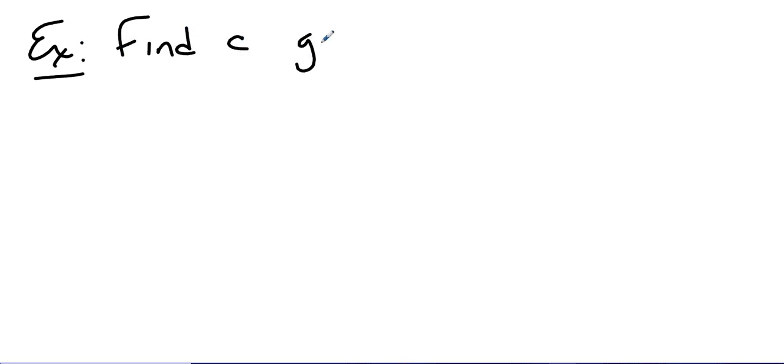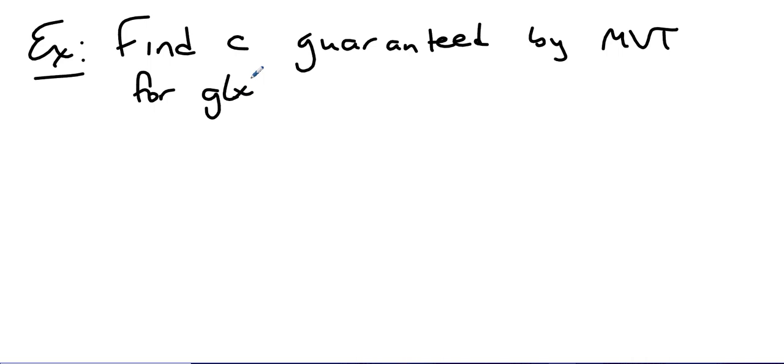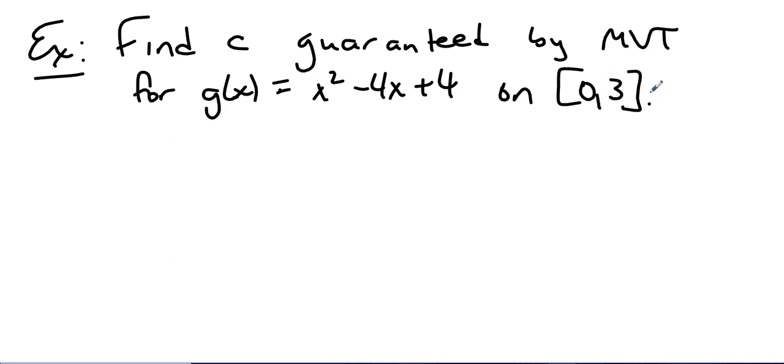So what does that look like from a mechanical standpoint? Find the c guaranteed by the mean value theorem for g of x equals x squared minus 4x plus 4 on the interval from 0 to 3.